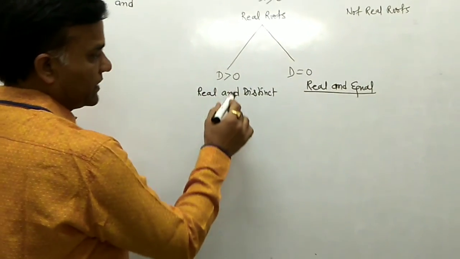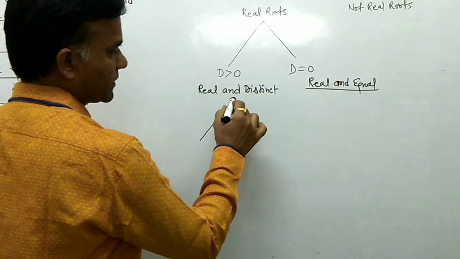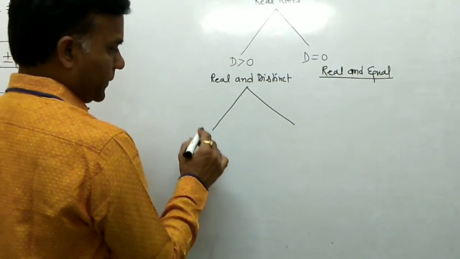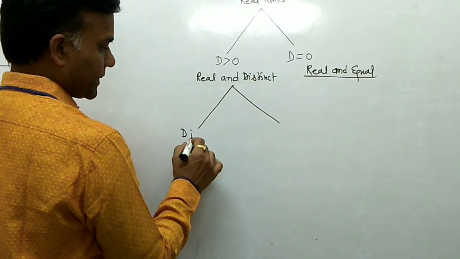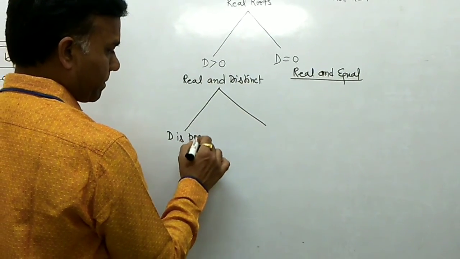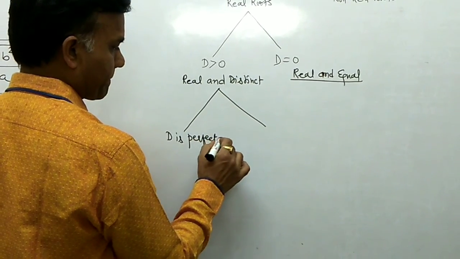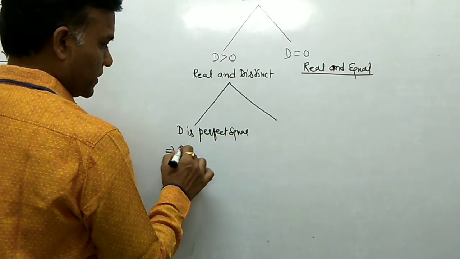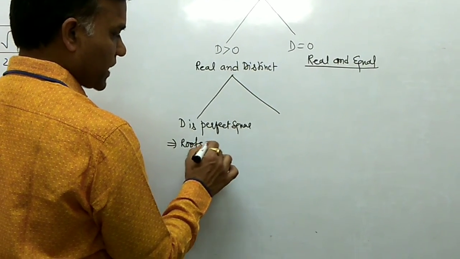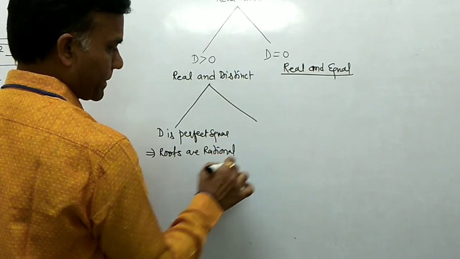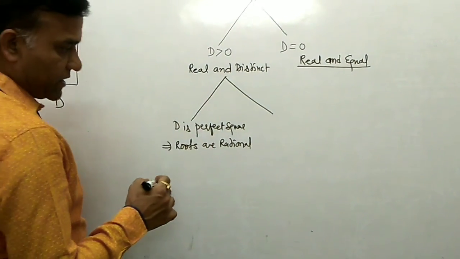And now for D greater than 0, there are also two types. The first condition is if D is a perfect square, then the roots are rational and distinct.